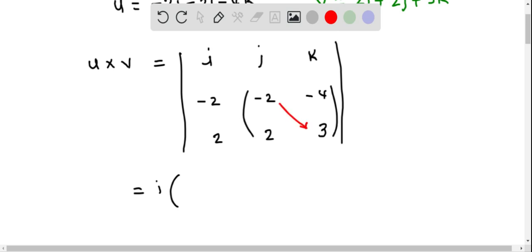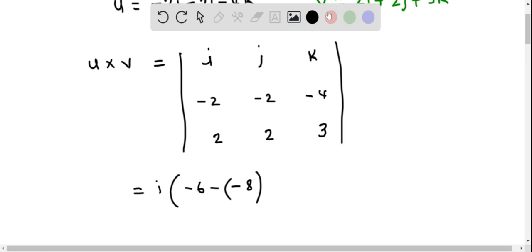We take the product of this diagonal minus product of the other diagonal, that is the 2 times -4. So when we do that, we get -2 times 3 is -6, and then we put a negative, and 2 times -4 is -8. So we are done with this i component.